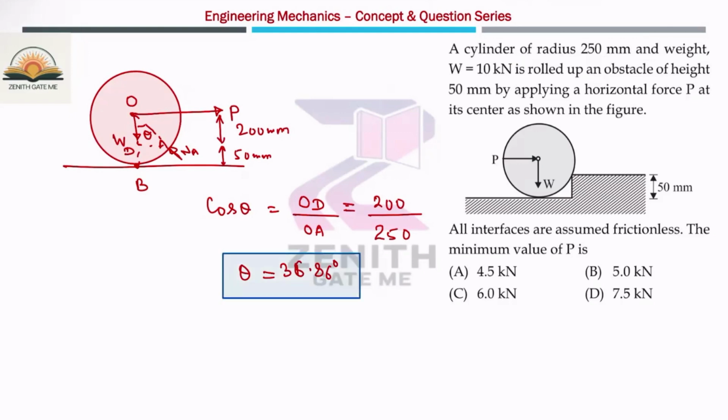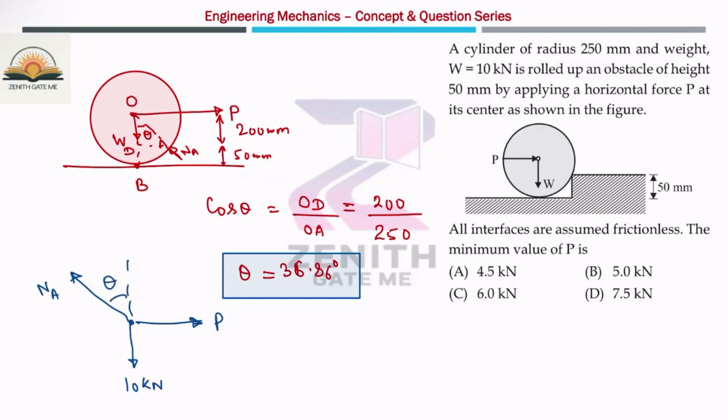Now the problem is very simple. Again, consider point O and just apply the forces. This is the P force. Here is the 10 kilonewton force acting downward. And here is one normal reaction NA, and this angle you have calculated as theta.